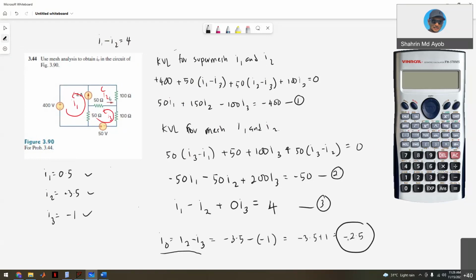Your mesh current may not be the same because of the opposite sign, because the mesh current sign depends on the direction of the mesh current that you assume. But the final answer, for example, to get IO or the voltage across the 50 ohm, will all be the same. You will get the same answer even though you are using counterclockwise or clockwise during the mesh analysis.